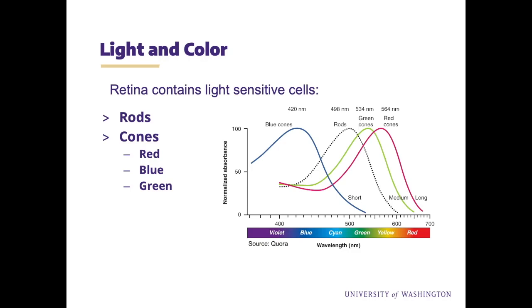So by combining all of these photoreceptors, we can see that in blue light conditions, we'll mostly have the blue cones lit up. In red light conditions, you'll get some of the red cones, but not really any of the others. And by focusing on which of the combinations are visible, your brain is able to interpret what color it's seeing.